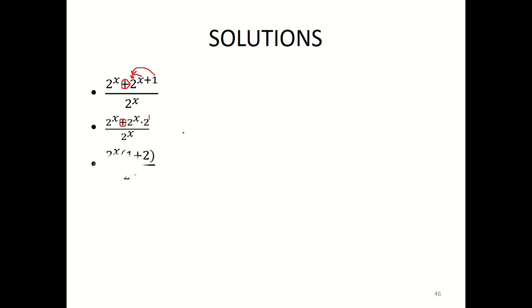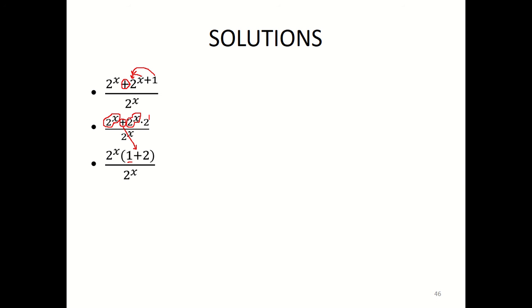Now, in the numerator, take out your common factor, which is 2 to the exponent of x. Where there was 2 to the exponent of x, I'll be left with 1. In the first term, I still have the plus.